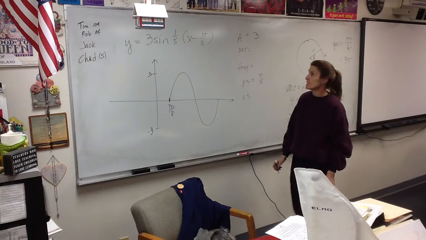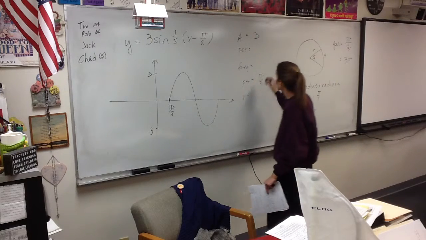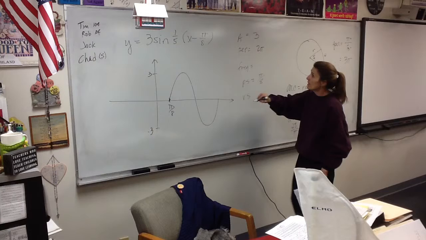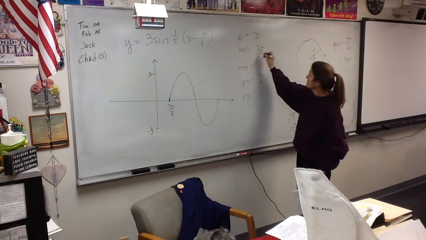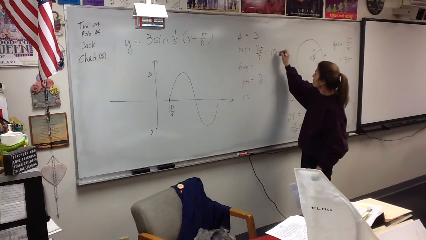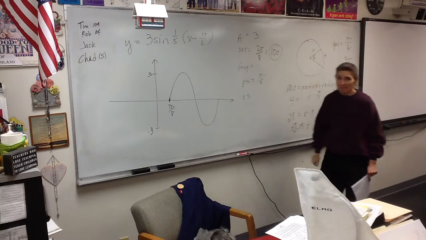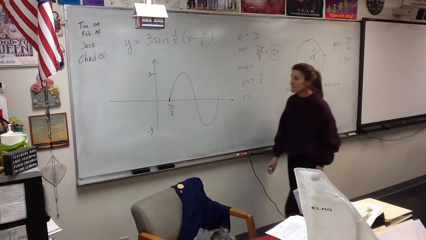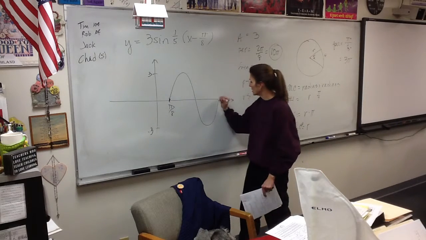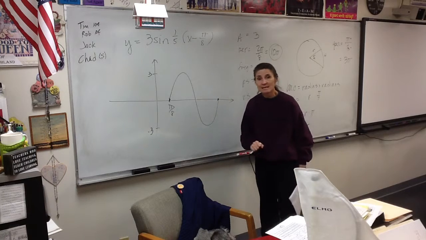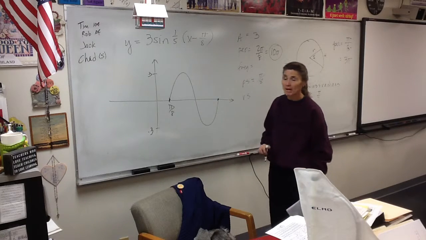Its period was supposed to be 2 pi, but this one has been divided by 1/5, so it is actually 10 pi. That means that from this black point to this black point is a distance of 10 pi.